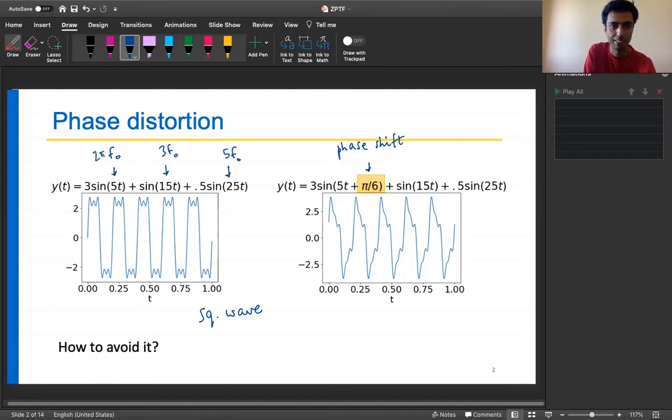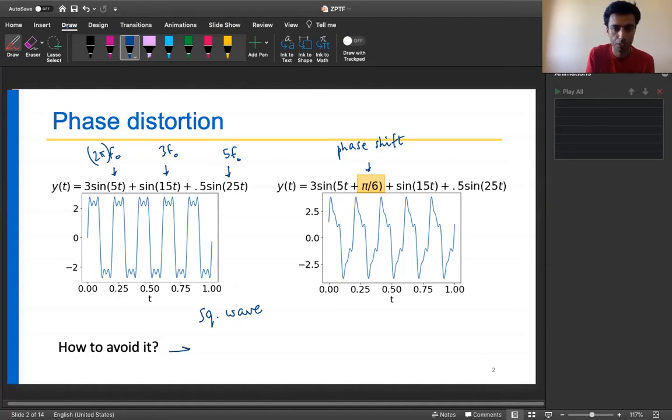You understand this, right? This 2 pi is understood. So this is a phase shift which is dependent on the frequency. And what you see is you get a distortion because only one frequency got shifted and other frequencies are still the same. So you get distortion. It no longer looks like a square wave, right?